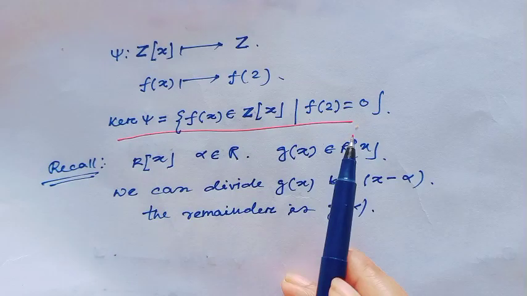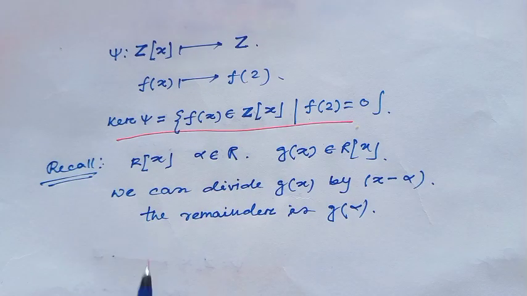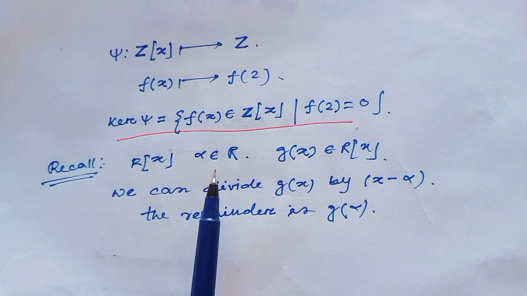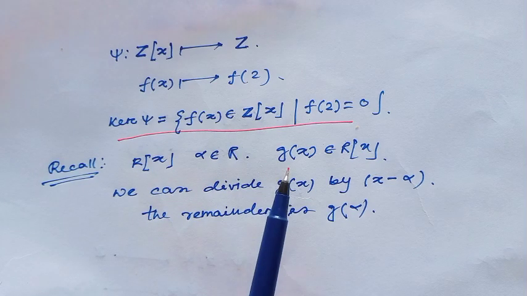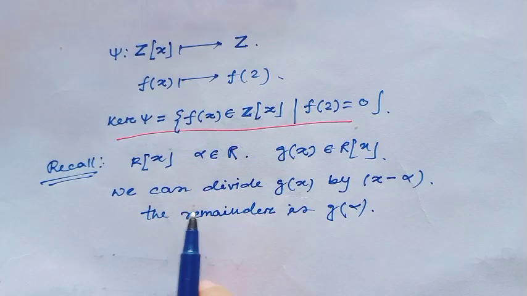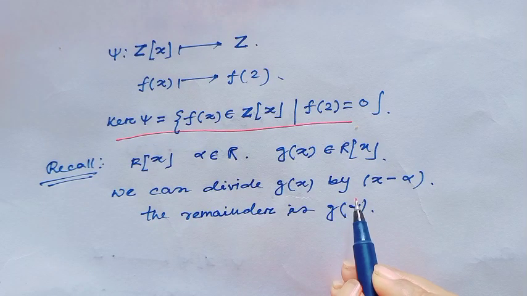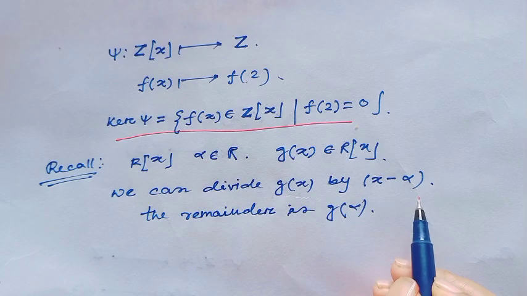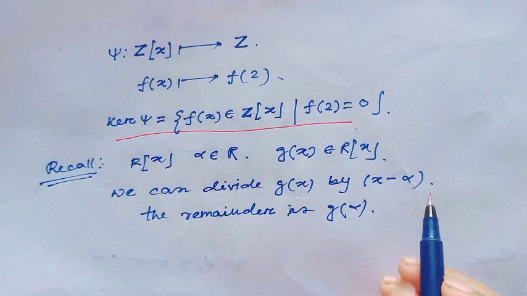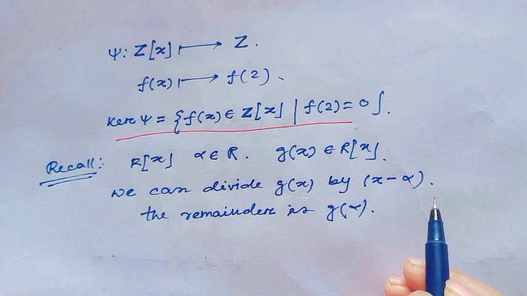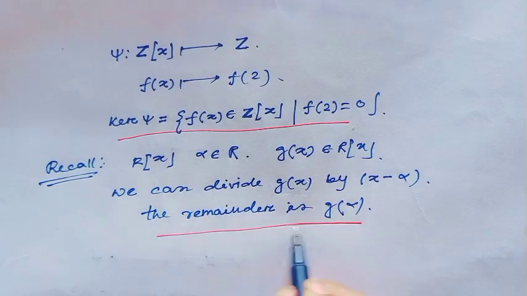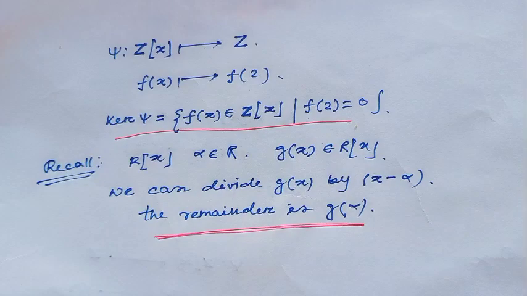Kernel is of this type means, just recall, in R[x], if alpha belongs to R and g(x) belongs to R[x], then we can divide g(x) by x minus alpha, and then the remainder would be g(alpha).